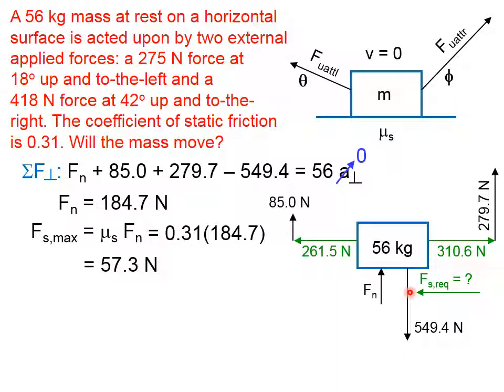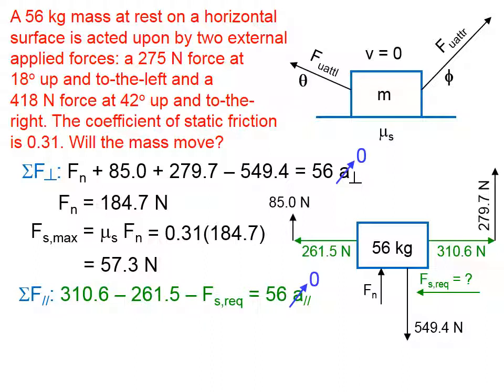Now let's calculate what static friction force we need to keep the mass at rest. If we choose to the right to be positive and sum the forces parallel to the surface, we get 310.6 minus 261.5 minus Fs required, and that should equal the mass of the object times the acceleration parallel to the surface, which we want to be 0.